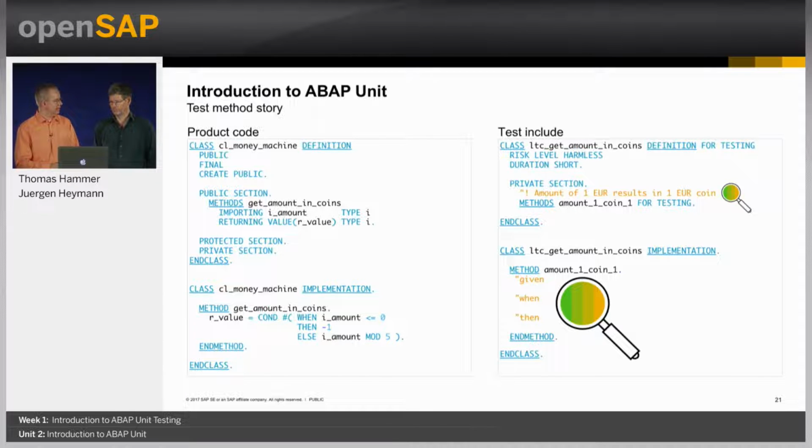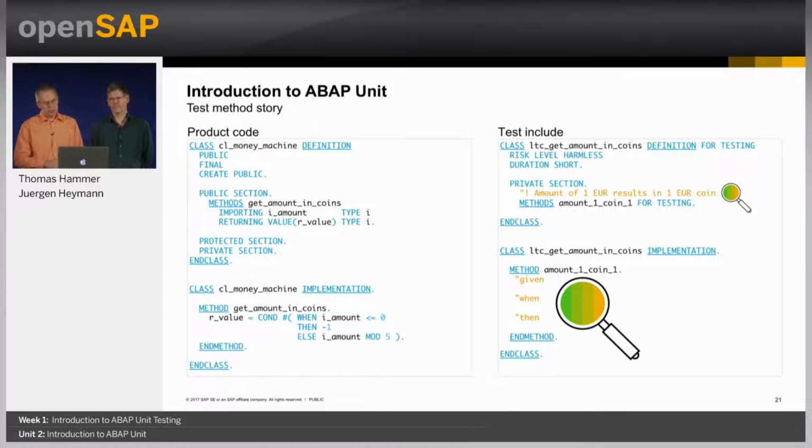We stick to this naming here, and then you can put it in a sentence. Given I have a certain environment, when I execute this code under test, then I expect this outcome. These are the 3 parts which every test should have. Not necessarily exactly everything implemented here, but logically everything should be understandable from this test method. Okay, but we still don't have content, only comments here.